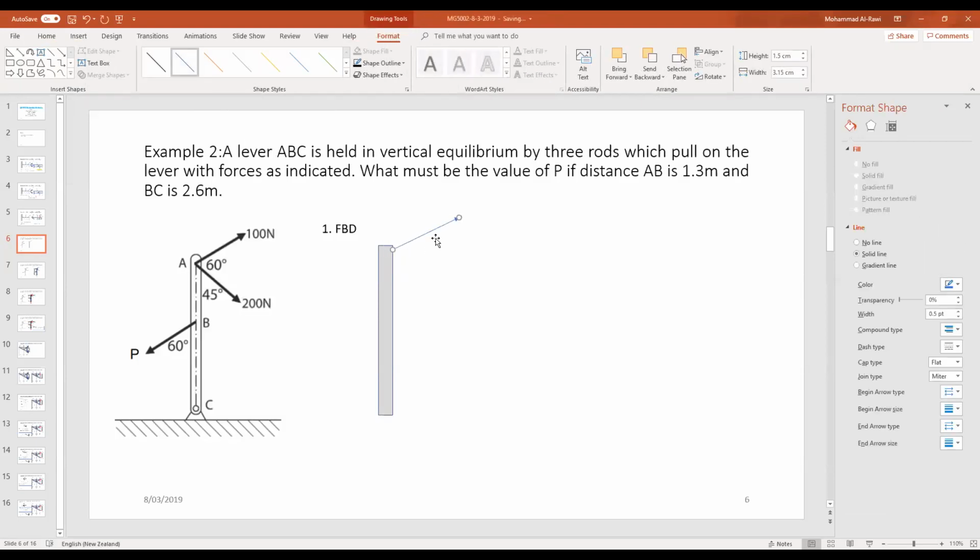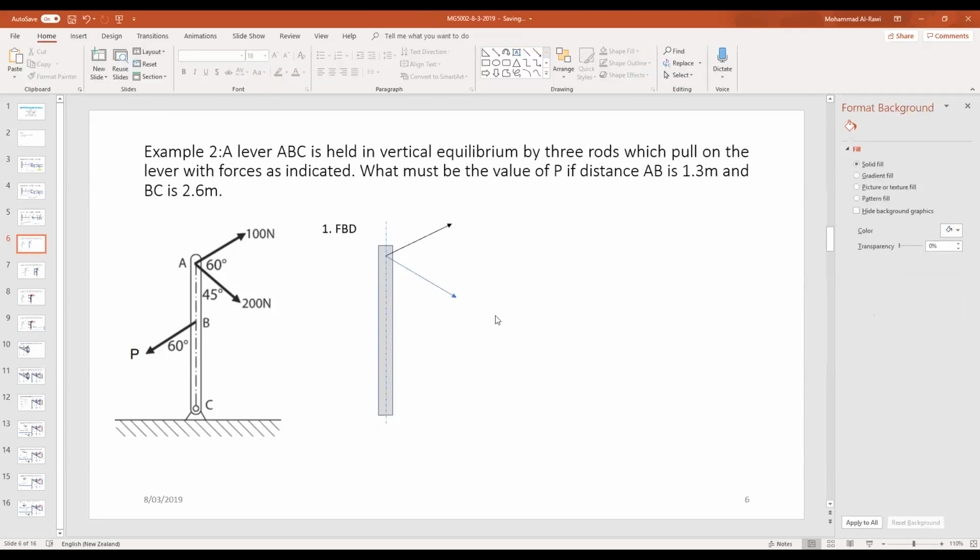That's the 100 Newton, Control C, Control V, and there is a force on that line. We need to make sure it's going through the center line of the point. So I will sketch a line here, put that center line in the middle, double click on it, and make it a center line because we need to understand what's going on. So you can see that tiny center line.